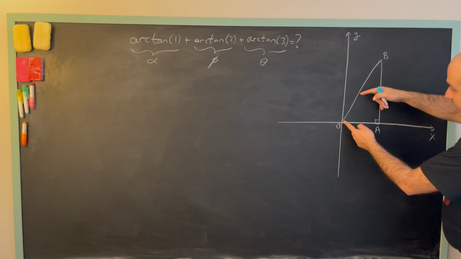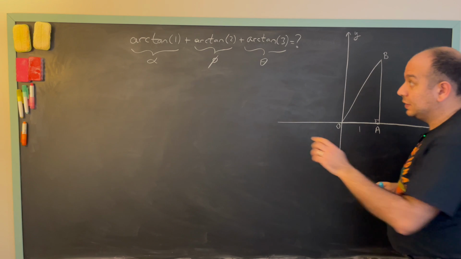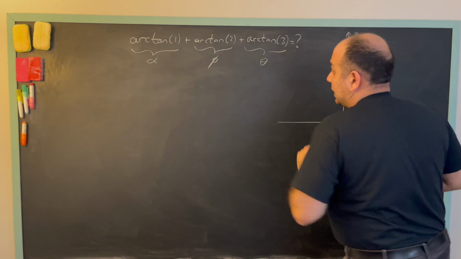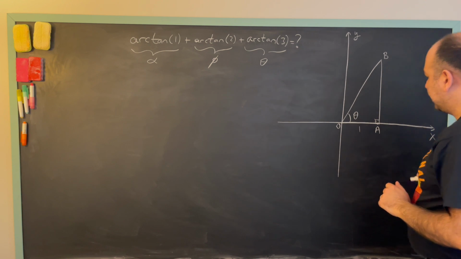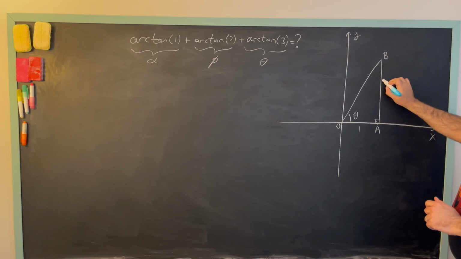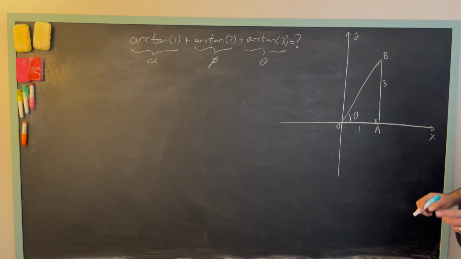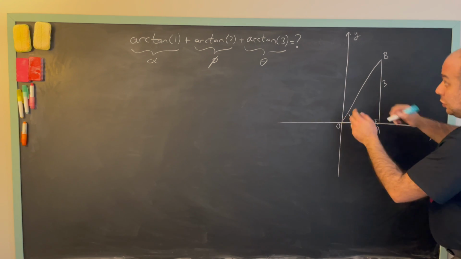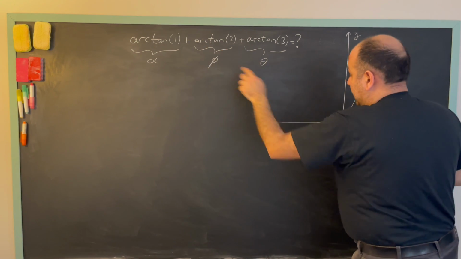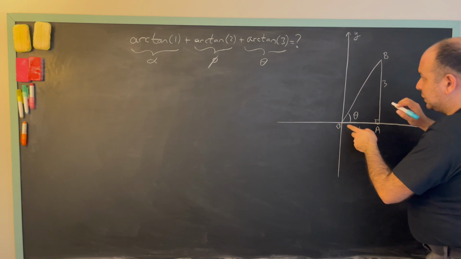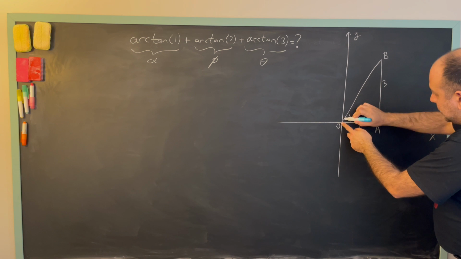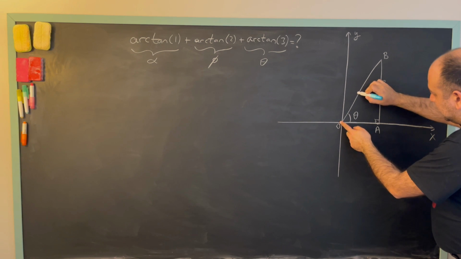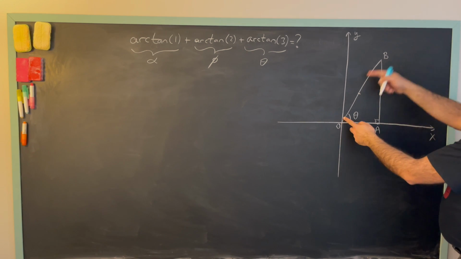So I'm going to draw another right triangle for this guy here, for phi. By the way, this angle is theta, right? So tangent theta is 3 over 1. This is good. So the base of this triangle, which I will define phi, is going to be on the hypotenuse of this first triangle.